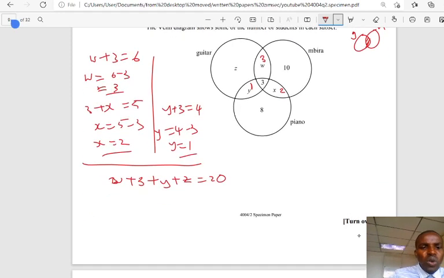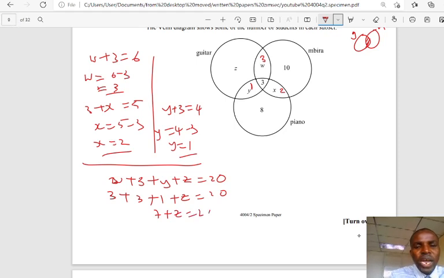Then W we got as 3, plus 3, and Y we got 1, plus Z is equal to 20. Then 3 plus 3, 6, plus 1, 7, plus Z is equal to 20. Then Z will be 20 minus 7, which is equal to 13.